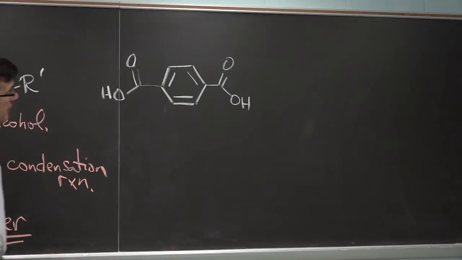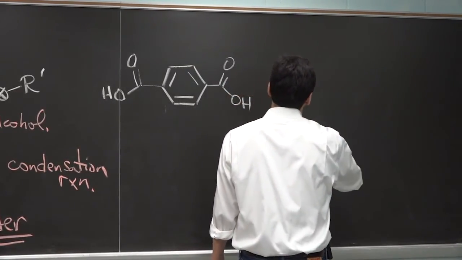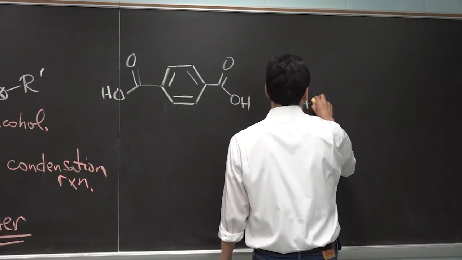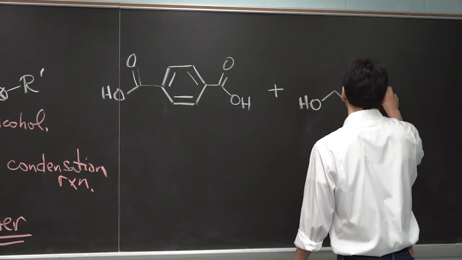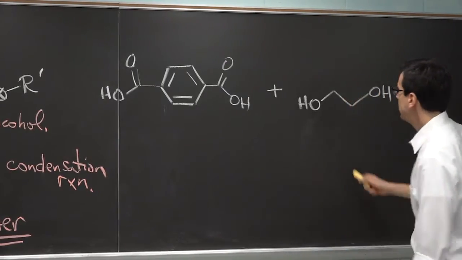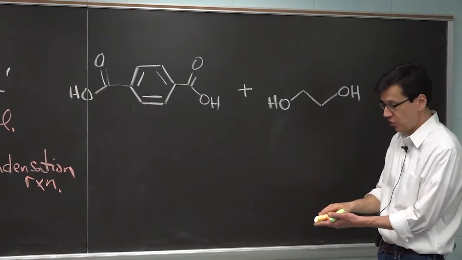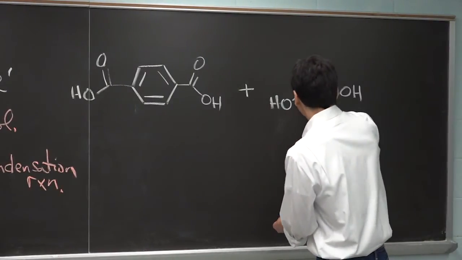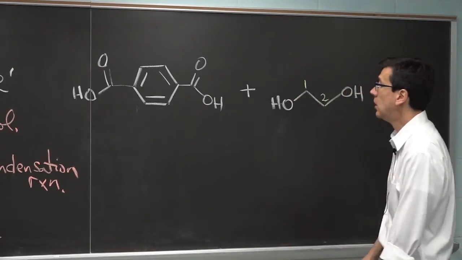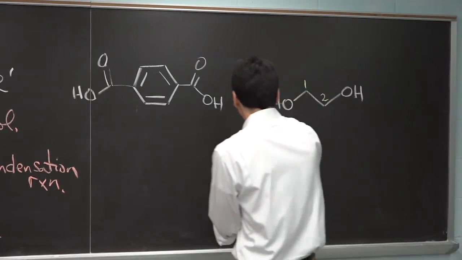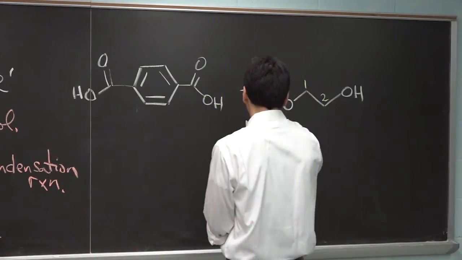And let's say we combined that with an alcohol, except let's make the alcohol have not just one OH group, but a second OH group as well. So, I could number this carbon 1 and this carbon 2. What do you think would happen if I took these and I combined them?